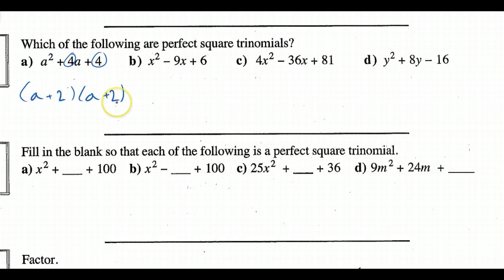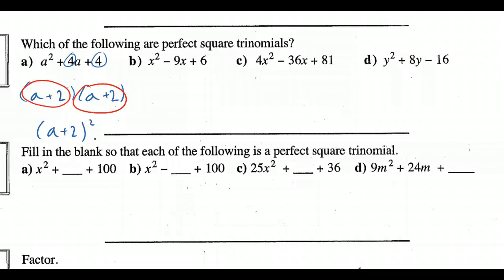This is why it's called a special case, a perfect square trinomial, because the factors are identical. The factor is a plus 2, a plus 2, so that means we can write it as a plus 2 squared.